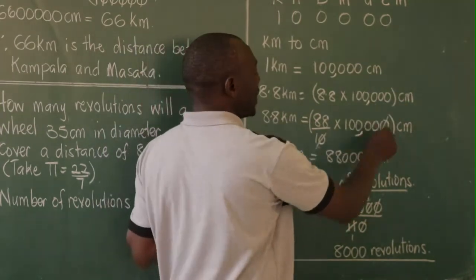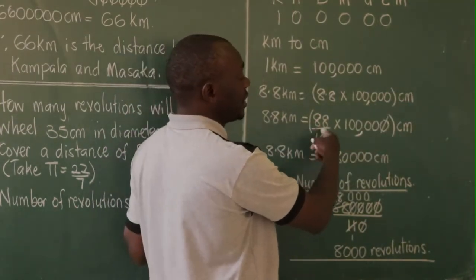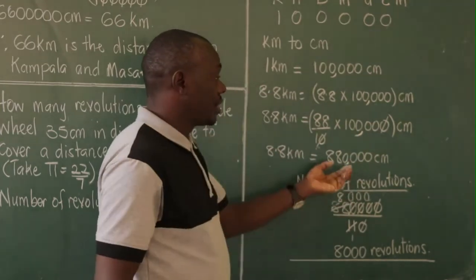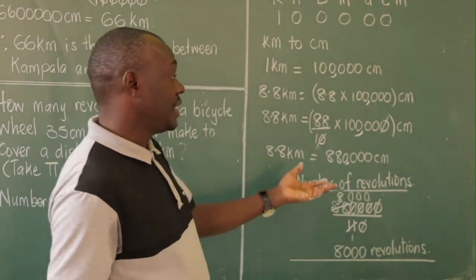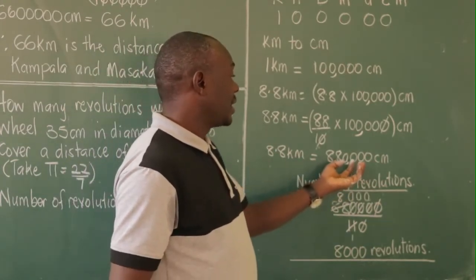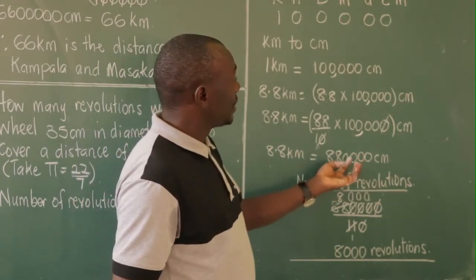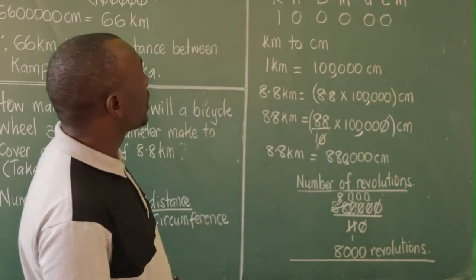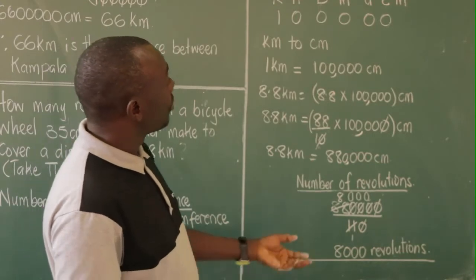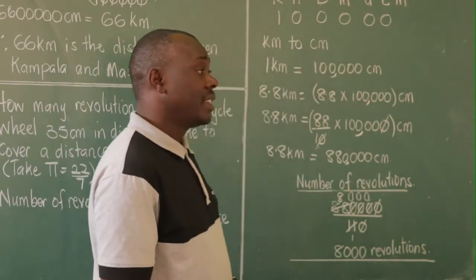Divide by 10, divide by 10. You remain with 88 times 10,000, thereby getting 880,000 centimeters. Now that both the circumference and distance are in agreement in terms of centimeters, then you can proceed on to find the number of revolutions.